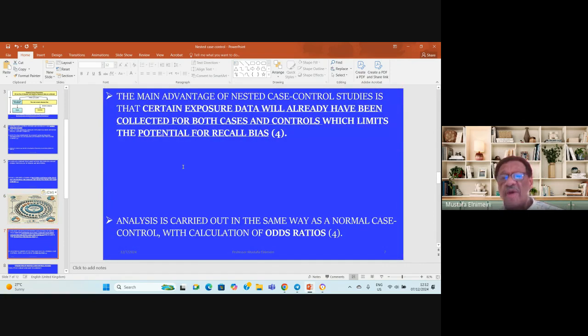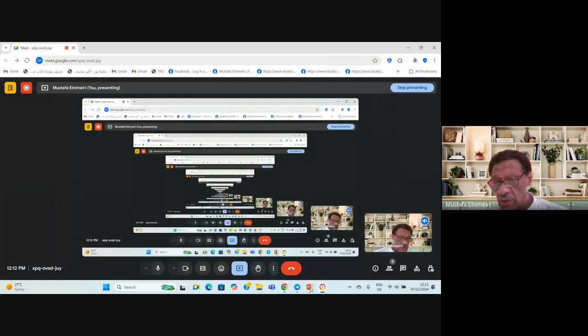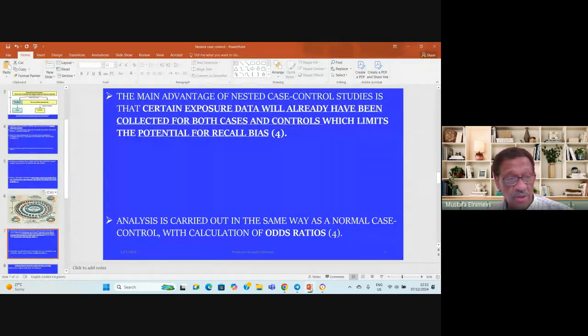And the main advantage of nested case control studies is that certain exposure data will already be collected as baseline data for both cases and controls, which limits the potential for recall bias. Analysis is carried out in the same way as a normal case control by using a 2x2 table and by calculating the odds ratio using the standard formula for the odds ratio.